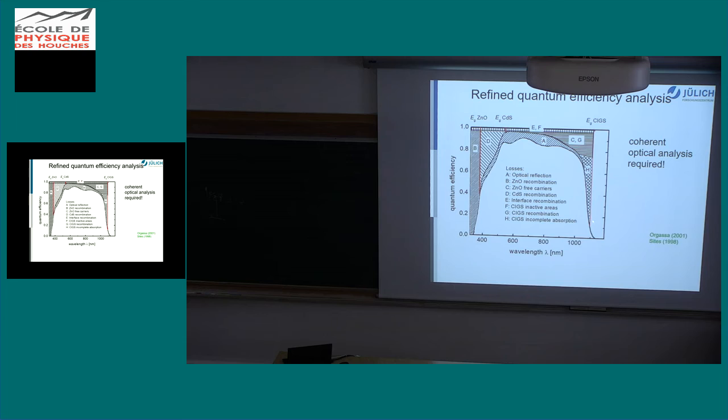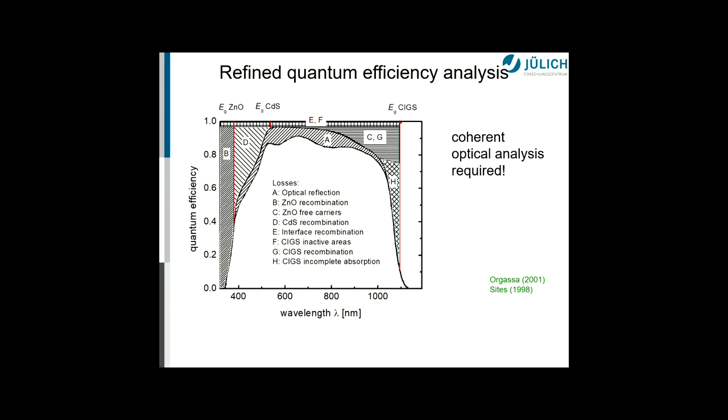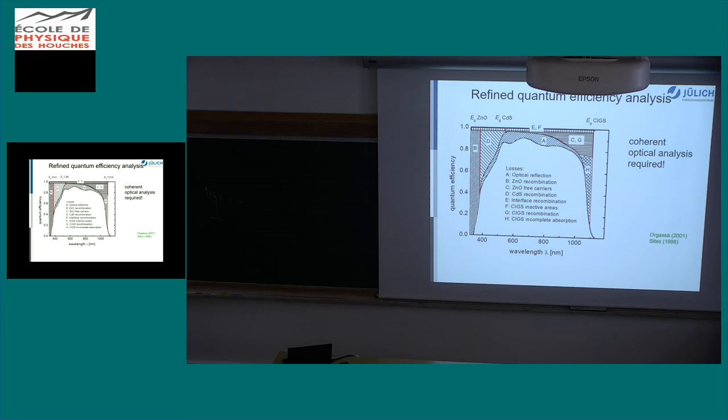And also, even if it's reflected, if the photon comes out again to the front, it's also in that loss. So that's band edge losses or whatever you would say. Whereas here CIGS recombination means, okay, we make electron hole pairs with high probability. So I have to subtract that one and that one. Then, okay, the electron hole pair does not make it to the contacts.